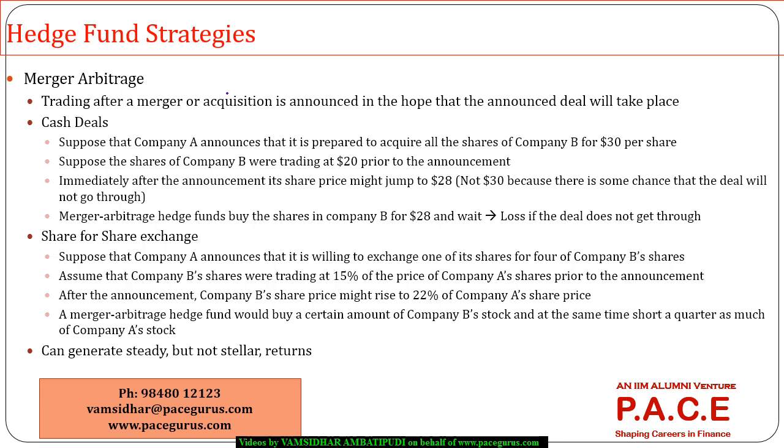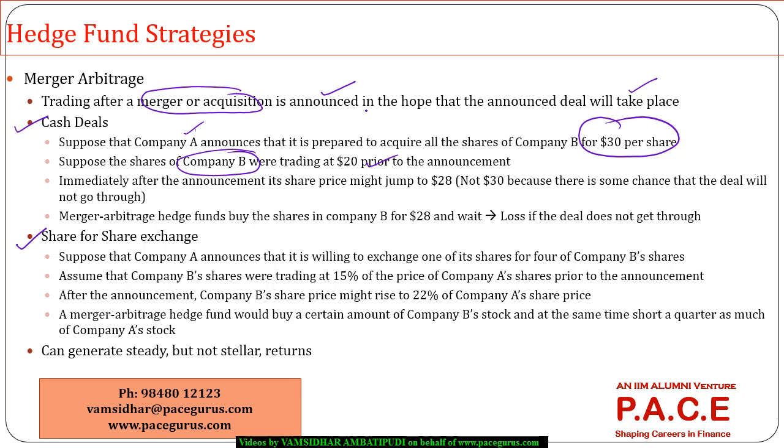Then we can talk about merger arbitrage, especially trading after a merger or an acquisition is announced, in the hope that the deal will take place. Here we have two examples to look at: a cash deal versus a share-to-share exchange deal. In a cash deal, suppose company A has announced that it is ready to acquire all the shares of company B for $30 per share, and company B's shares were trading at $20 before the announcement.